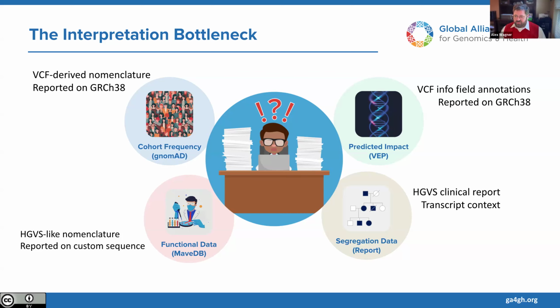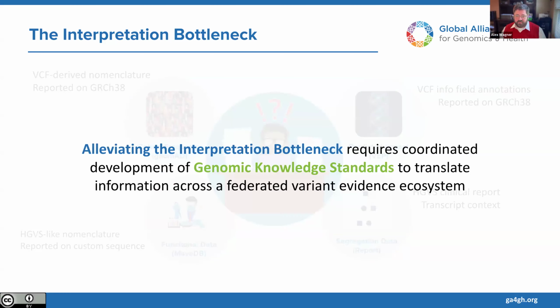They're pulling together HGVS annotated clinical reports with a transcript context, some information from the gnomAD resource, which uses VCF derived nomenclature for background population data, and then some functional data from MaveDB, which is in its own custom format needed for that resource and that evidence. They have to pull all this together and make sense of it. It's a big challenge and it takes a lot of time.